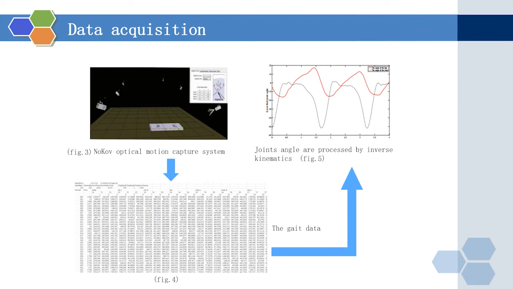The mainstream gait data acquisition equipment is based on the measurement methods of high-speed optical cameras to capture the trajectory of the markers.